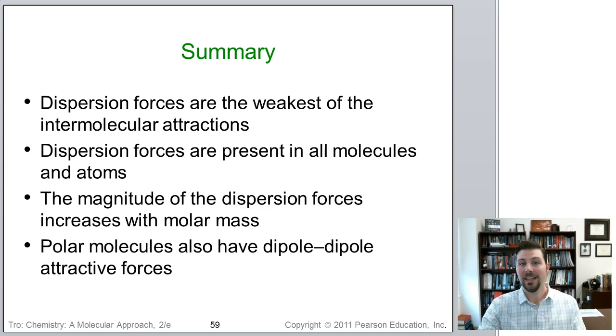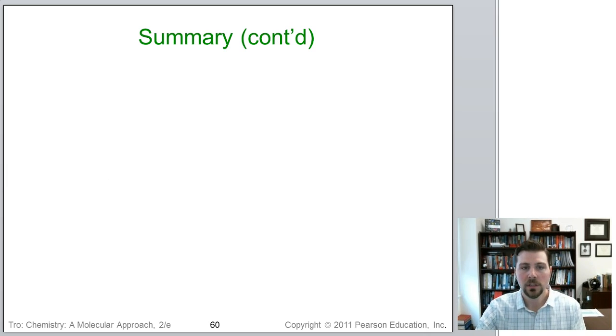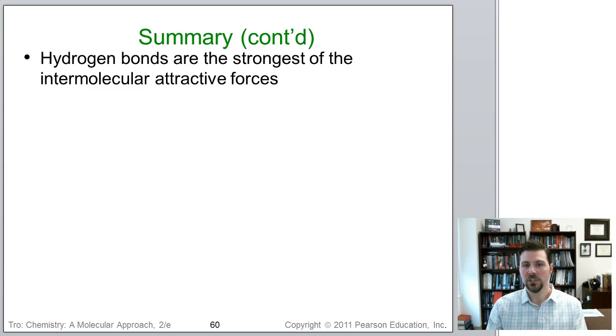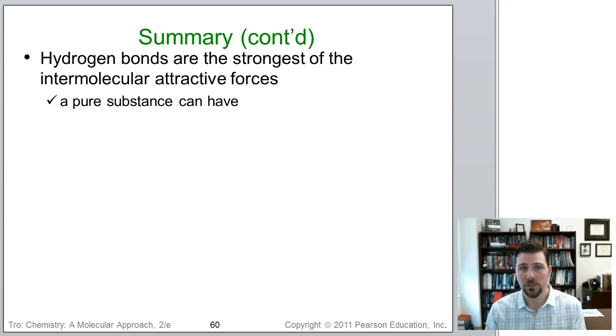Polar molecules can have dipole-dipole attractive forces, or dipole-dipole interactions. And dipole-dipole forces are slightly stronger than dispersion forces in most cases. And something that has both of those types has more intermolecular forces than something that only has one of those types. And we have hydrogen bonding, which is the strongest of all the intermolecular forces.